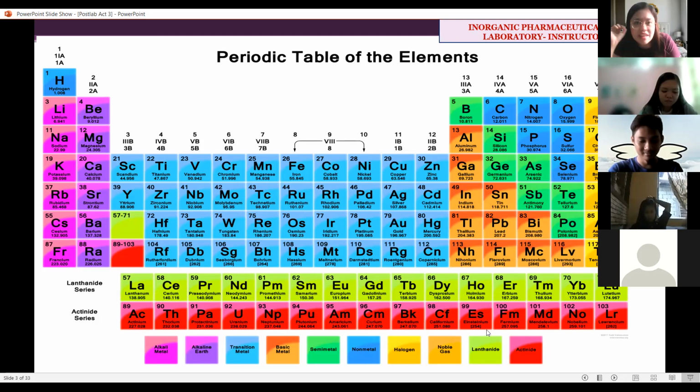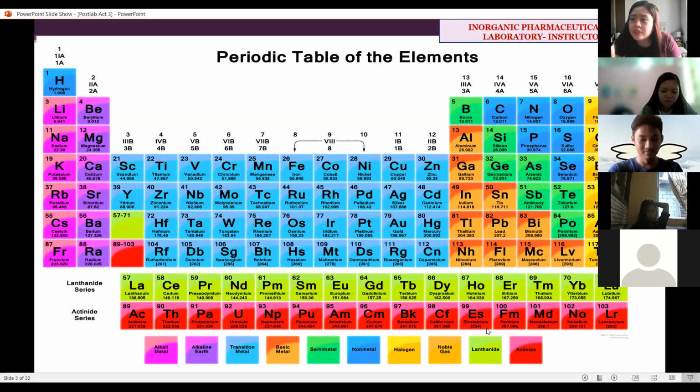Okay, so this is, class, the periodic table of elements. Currently we have 118 accepted and discovered elements. They are 118 as of 2016.